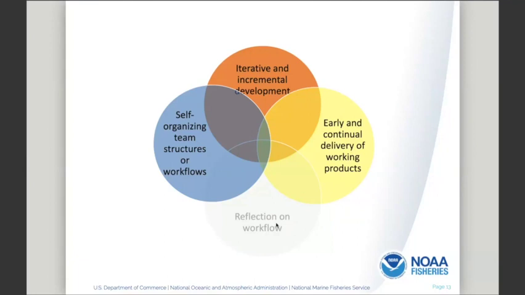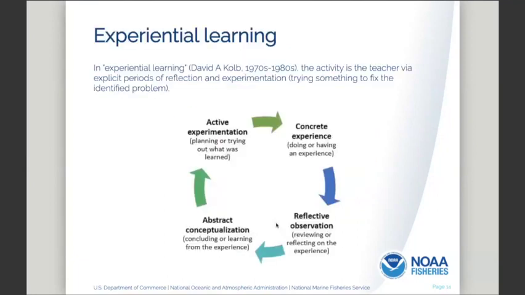So lastly, this is related to some ideas from experiential learning. These ideas came out in the 1970s and 1980s. I think these Agile thinkers must have been exposed to this. David Kolb's work was very popular, and still is.